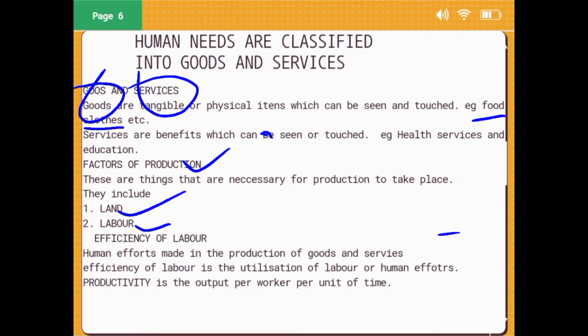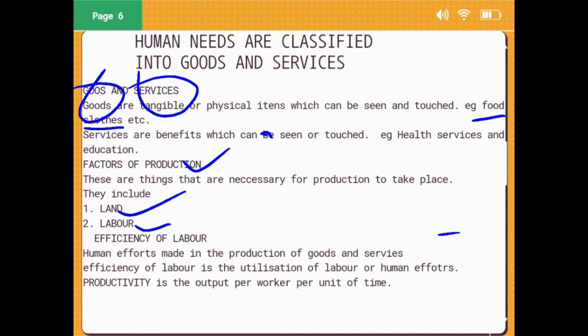You can't produce goods without land. You need land. So land is a factor of what? Production. Labor, human efforts made in the production of goods and services. Can goods produce themselves? They can't. You need to put in effort as what? As human beings. That is what we are referring to as what? Labor.